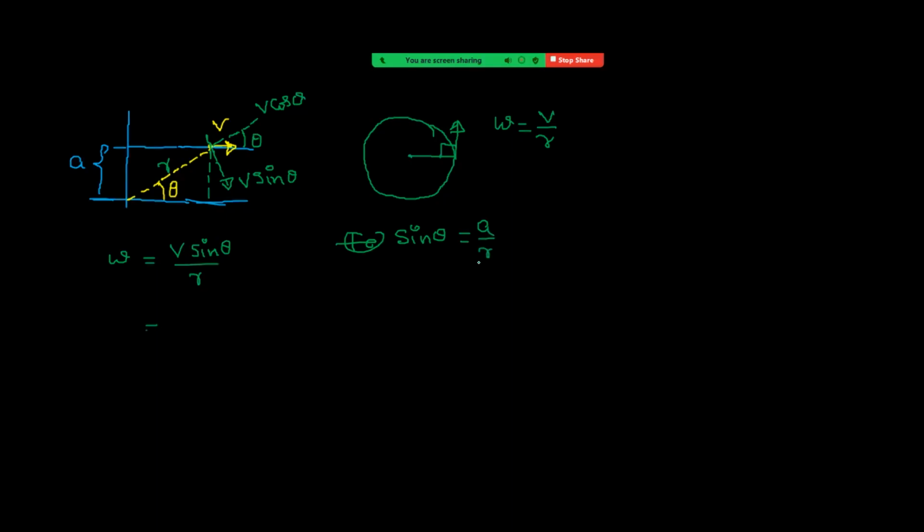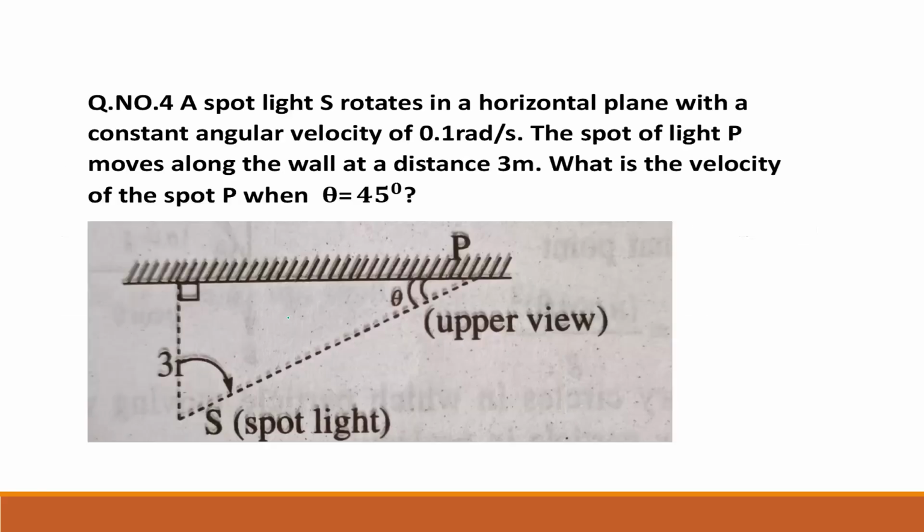So from this r equal to a by sin theta. So this becomes v sin square theta upon a. Okay, like this, we can find angular velocity. I hope you got clarity. Let us see next one.